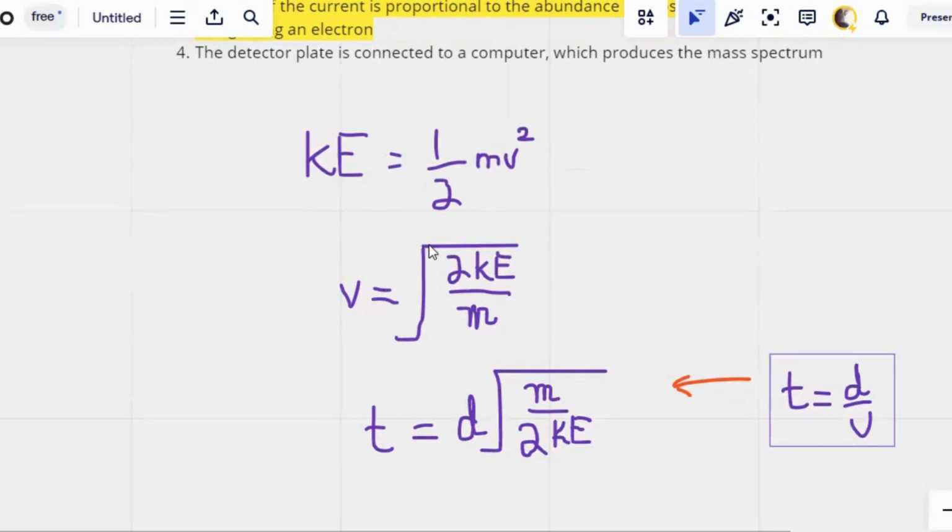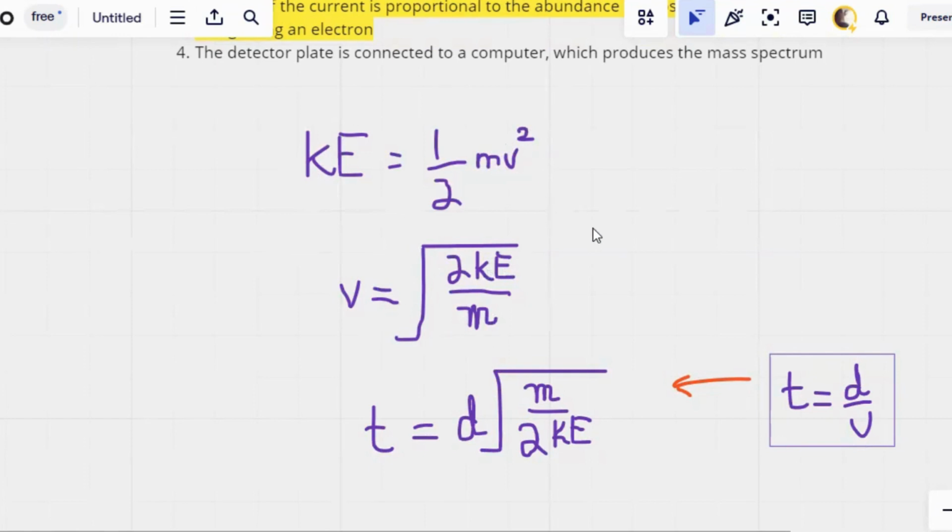When I change this equation to find the velocity, velocity equals the square root of 2KE divided by m. It is simple: the 2 goes over here and it is divided by this m, and in order to remove this square, I place a square root above this term. That is why I get v equals the square root of 2KE over m.